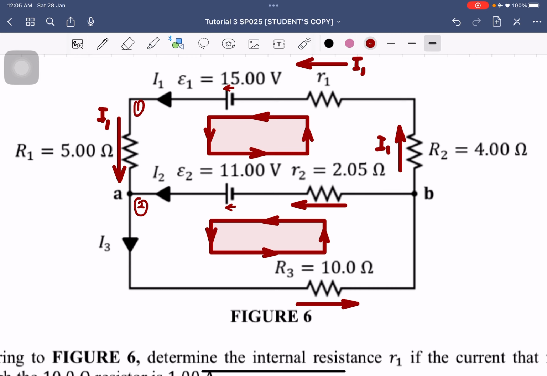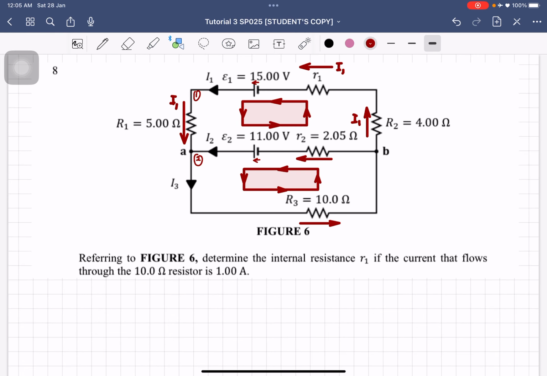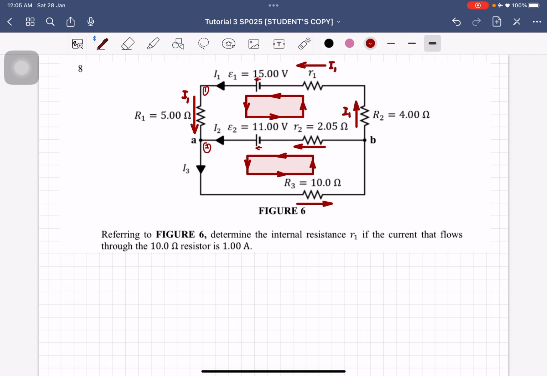We've done all of the drawing parts, so now we are going to apply the rules. The first rule is the junction rule, so we are going to look at junction A here. I'm just going to write it like that.